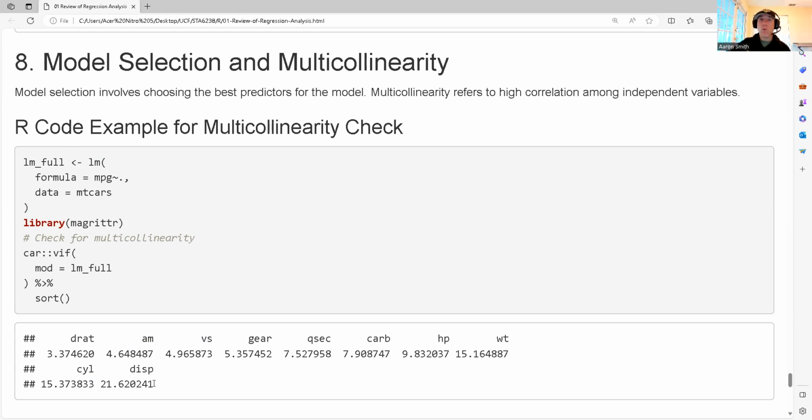Now, if I want to further reduce my model, I have to go through and recalculate, because when this cylinder value was computed, it was using displacement in that calculation. If I remove the displacement predictor variable, then I'm going to get new variance inflation factors. And so I'll have to go through and redo it. After every time I kick out a predictor variable, I have to redo my variance inflation factor.